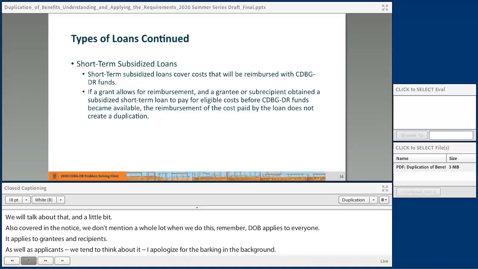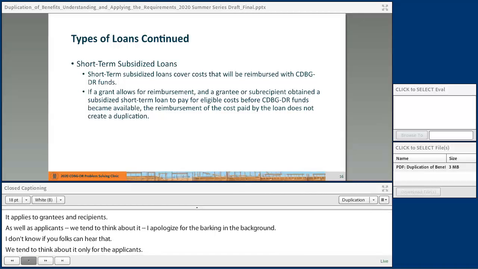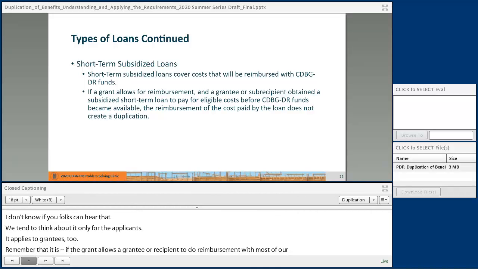So remember that if a grant allows a grantee or a subrecipient to do reimbursement, which most of our notices do allow, and you take out a subsidized short-term loan to pay for eligible costs before the funds are available, the reimbursement of those costs is not a duplication.